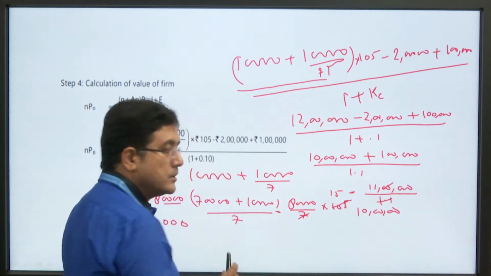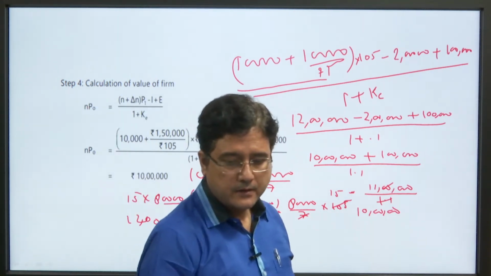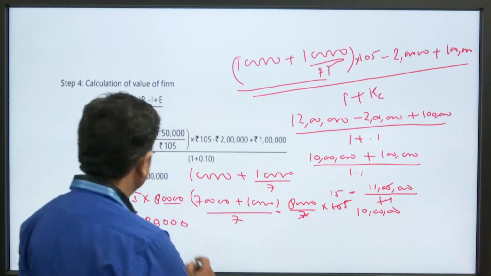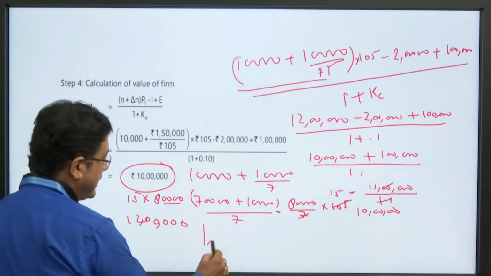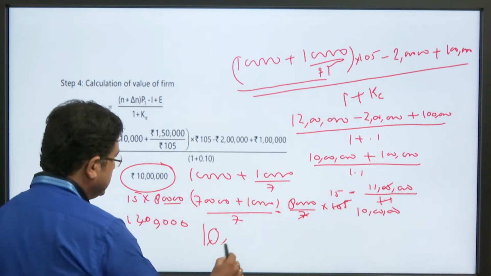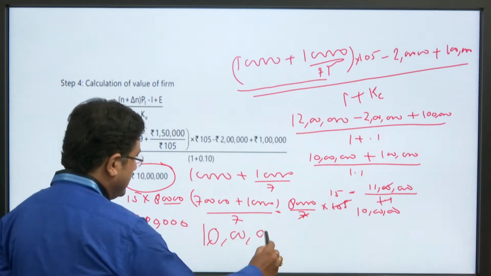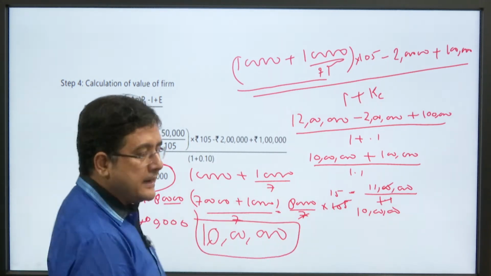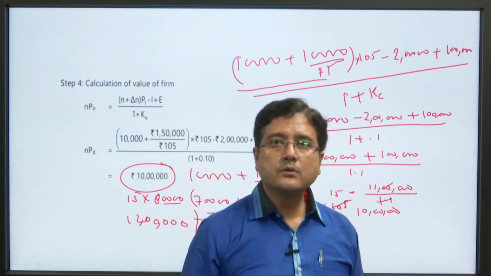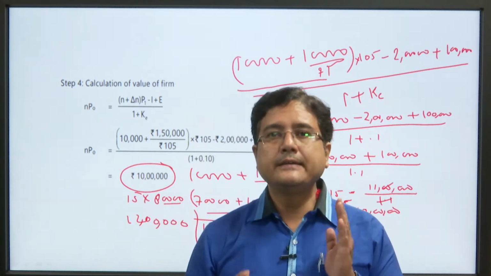So see here, the value of the firm is still 10 lakh even though we pay the dividend.